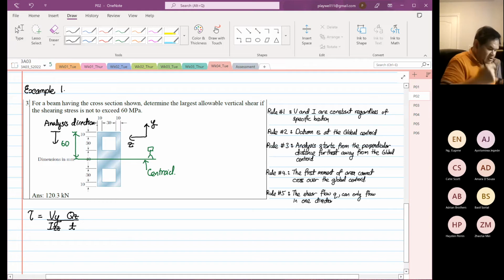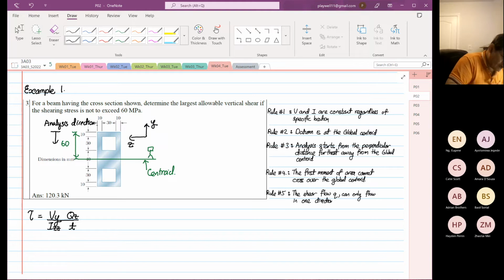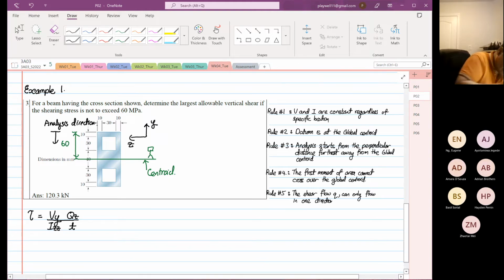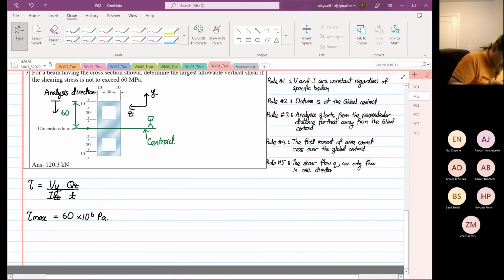Okay. From here, we are given tau max is equal to 60 times 10 to the power 6 Pascal. Now, I'm going to write down where tau max is located.